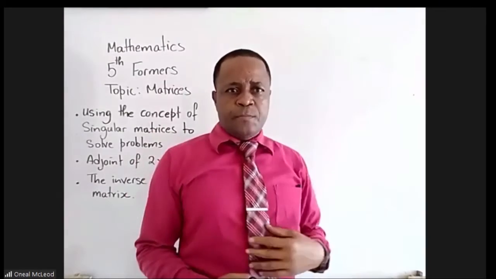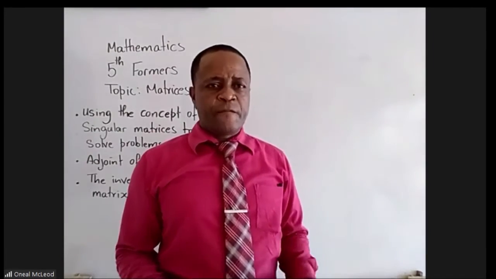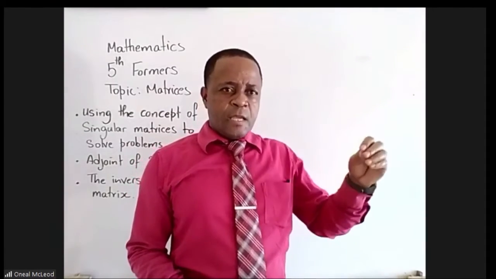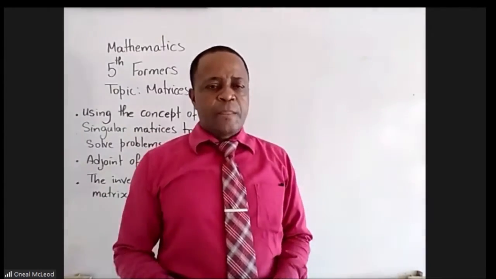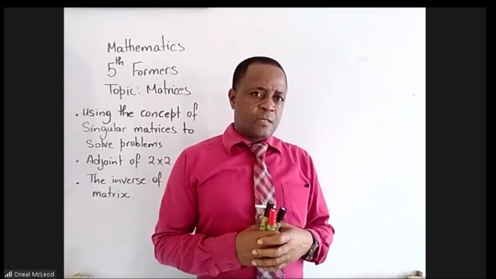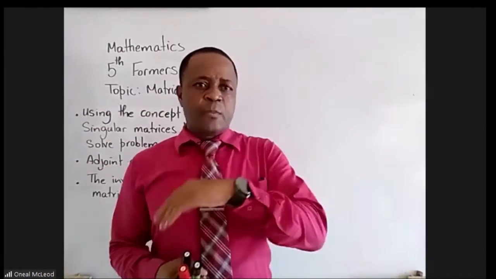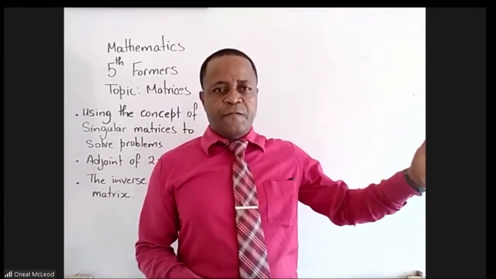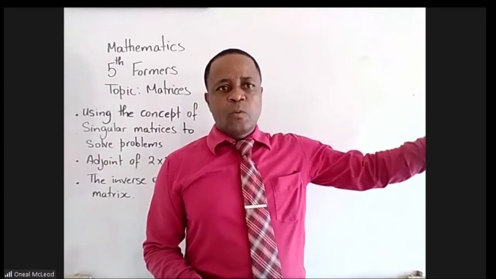Now, in lower school, you would have learned about the additive inverse and the multiplicative inverse. For the multiplicative inverse, we know that you're multiplying a number by its inverse and it results in 1.